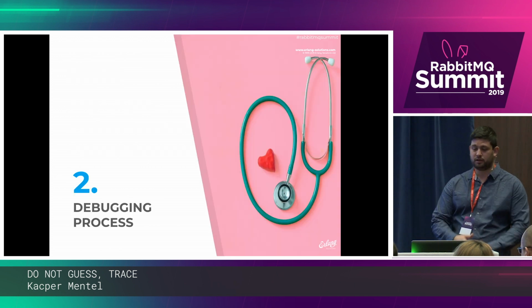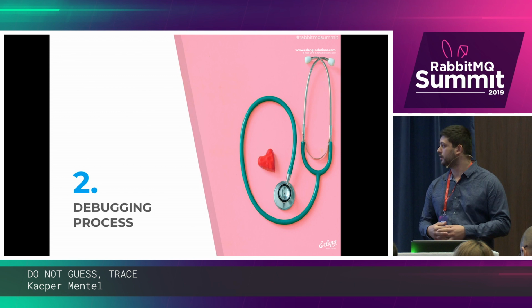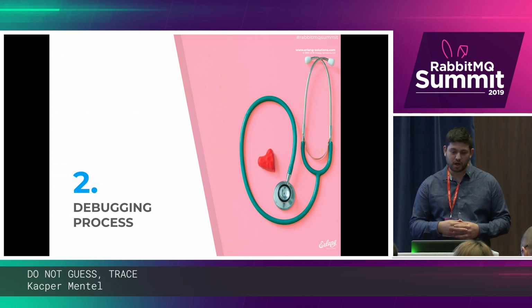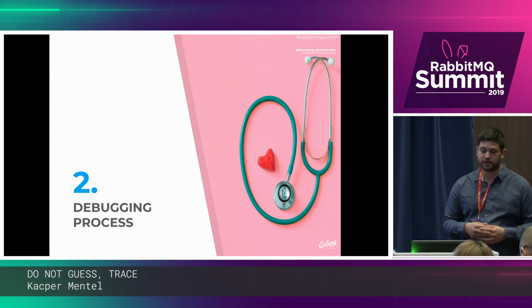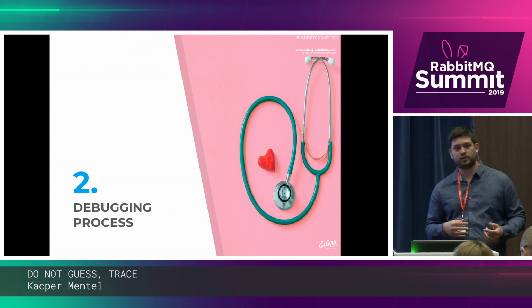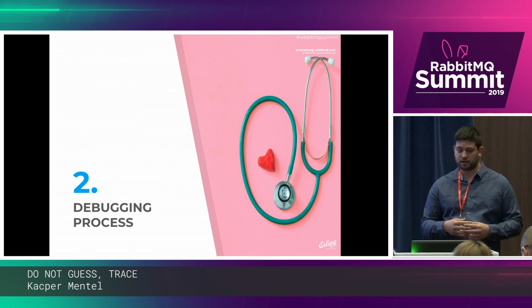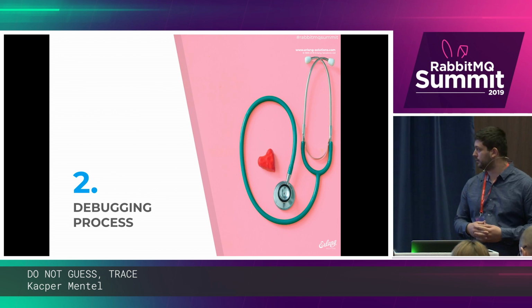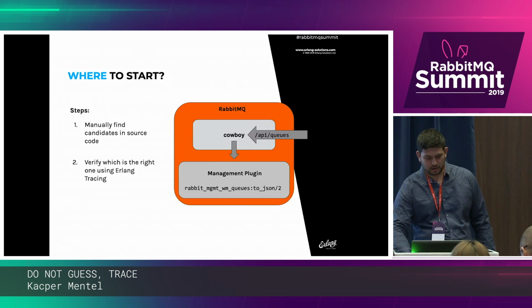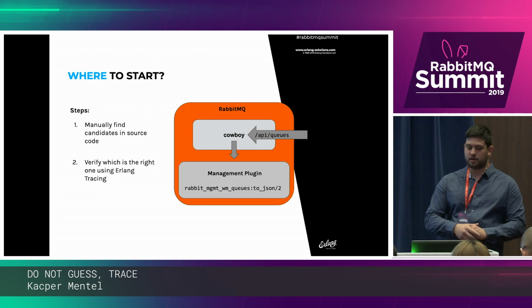So once we had our problem reproduced, we could start the actual debugging process. So the idea was to find an Erlang function that is called when a request to this /api/queues endpoint comes in, so we can later take a closer look at it. So where to start?